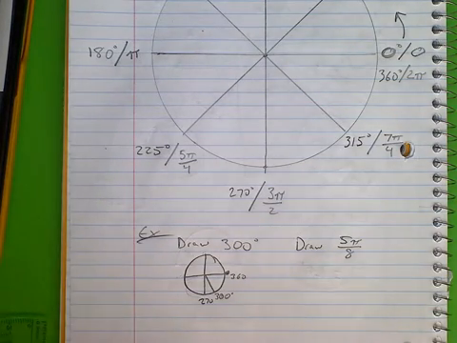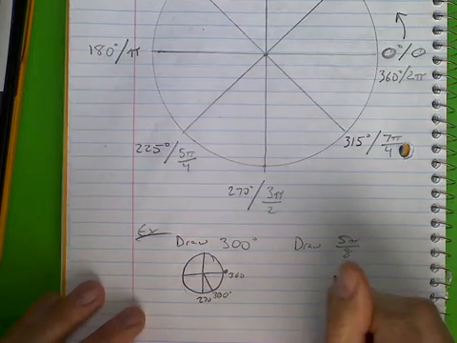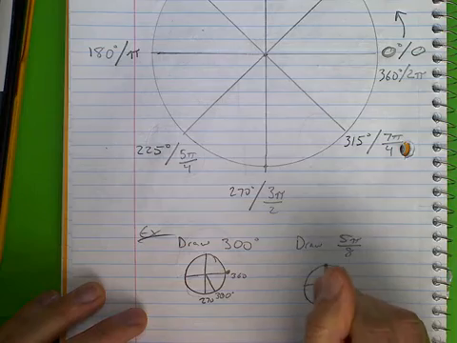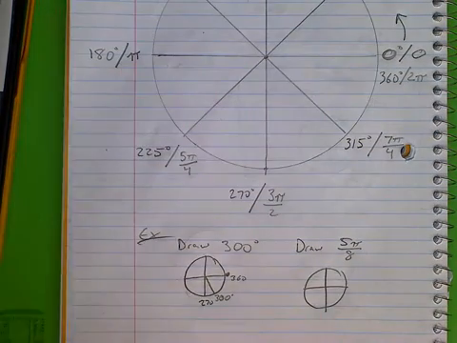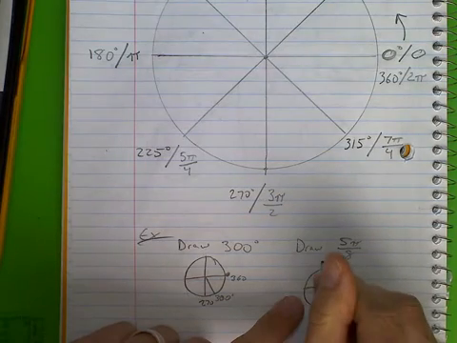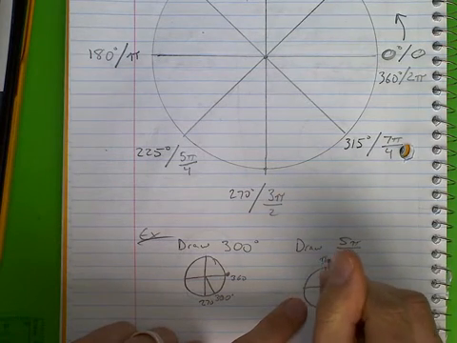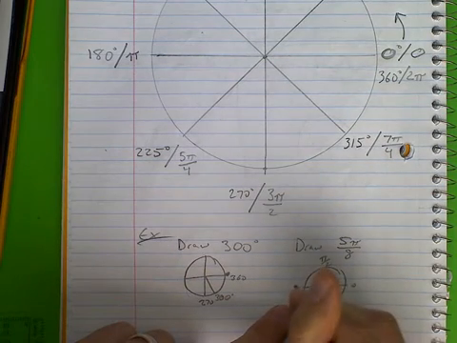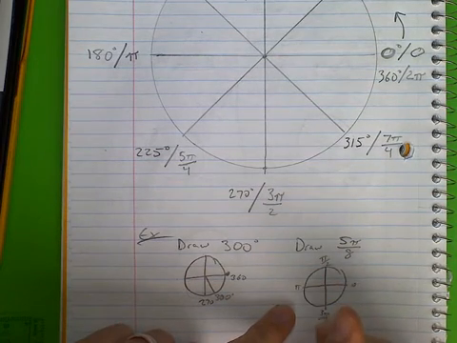A fraction. Okay. So let's see if we can get this in the right quadrant. So I've still got 0 here, but for radians I've got halves of pi. So there's 1/2, there's pi, there's 3 pi over 2.